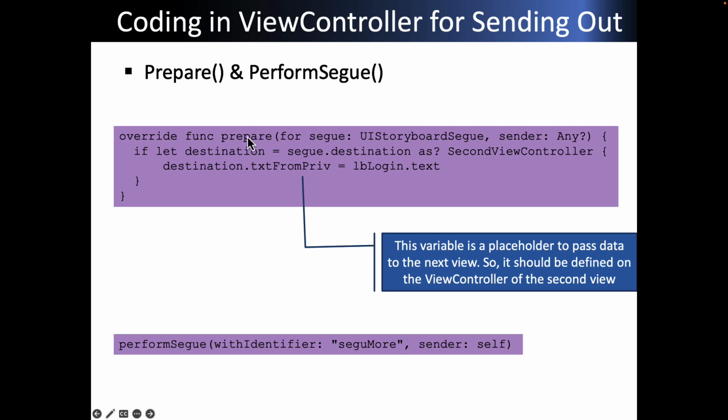Then we need to override the function prepare. This whole thing is an already available function, so we simply use it. Bring this function template, and we need to implement it. So we need to define the destination using this segue.